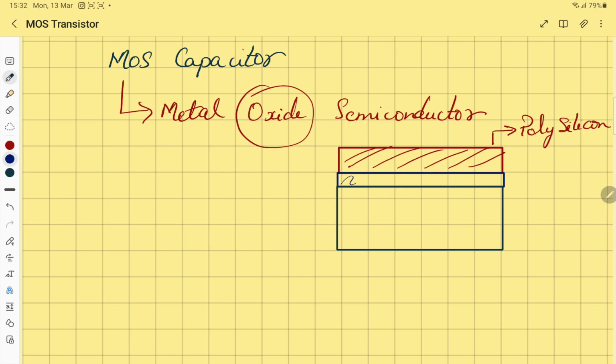This middle layer is actually made up of silicon dioxide or SiO2. And the third layer, the bigger one, is a semiconductor. It can be an N type or P type. This is also called substrate.